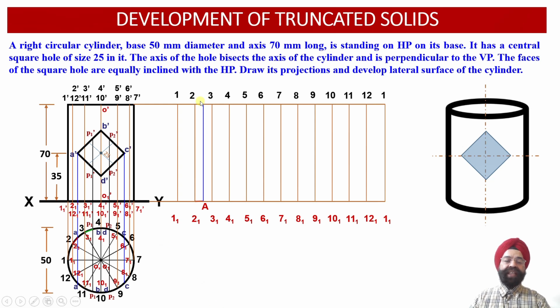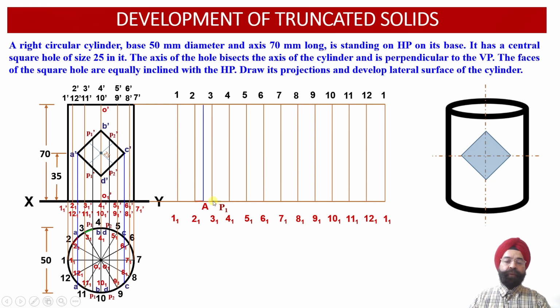Now let us locate the second point over here. The second point happens to be point P1. We know that on the rear side, point P1 will lie between the points 3 and 4. So as we move along the circumference from 3 to 4, at this distance from point 3, point P1 will be located.